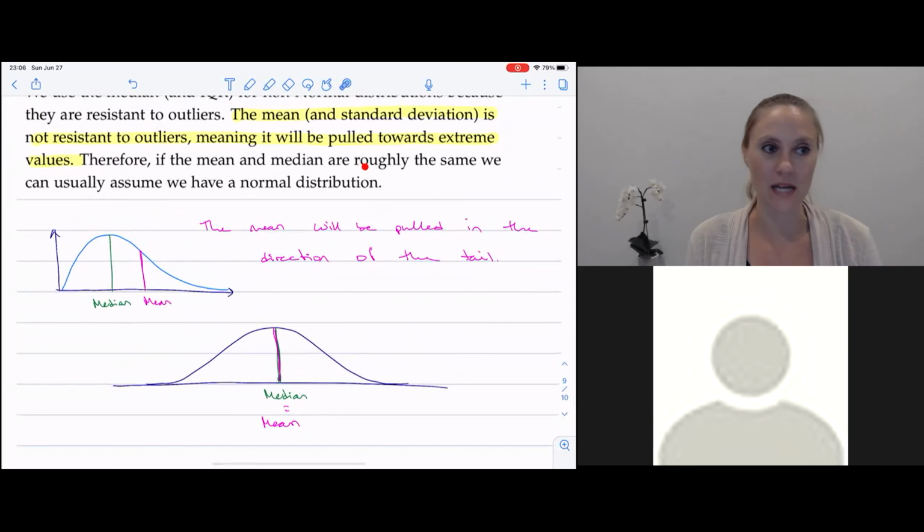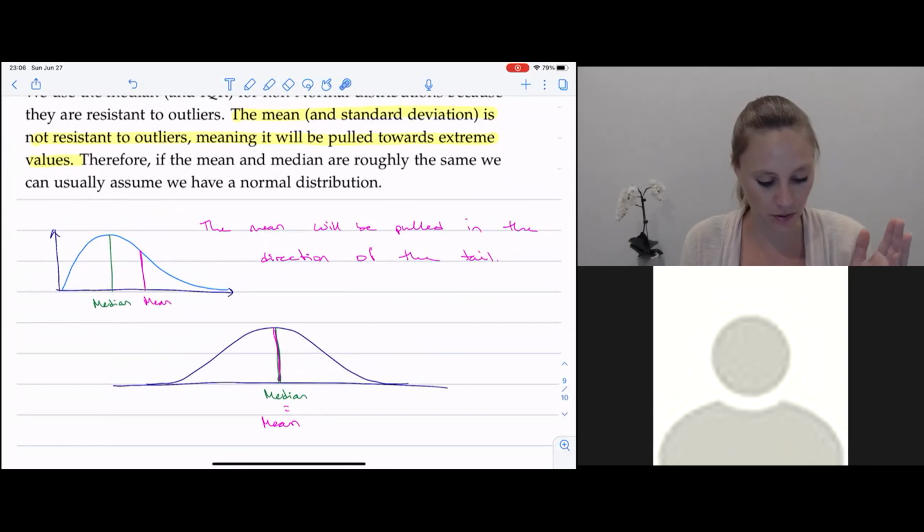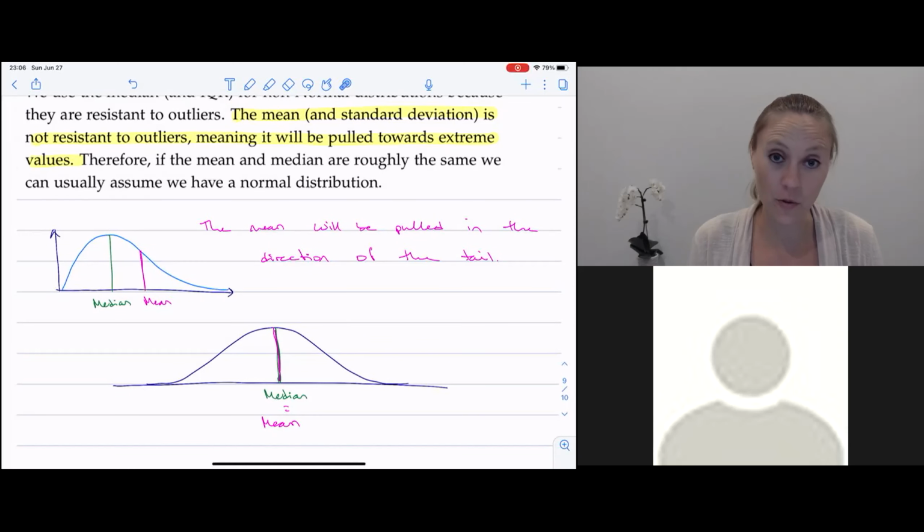But that's something to keep in mind, right? The mean is always going to be pulled in the direction of the tail. So if I told you that the mean was 4 and the median was 16, what's the shape of that distribution, right?